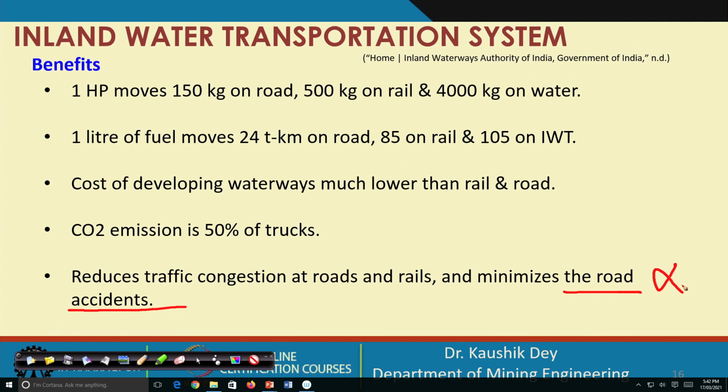But in road traffic there are significant accidents, and often in rails also we occasionally find accidents because of problems in the tracks etc., because huge human interference is there. So, accidents are associated with rails and roads.